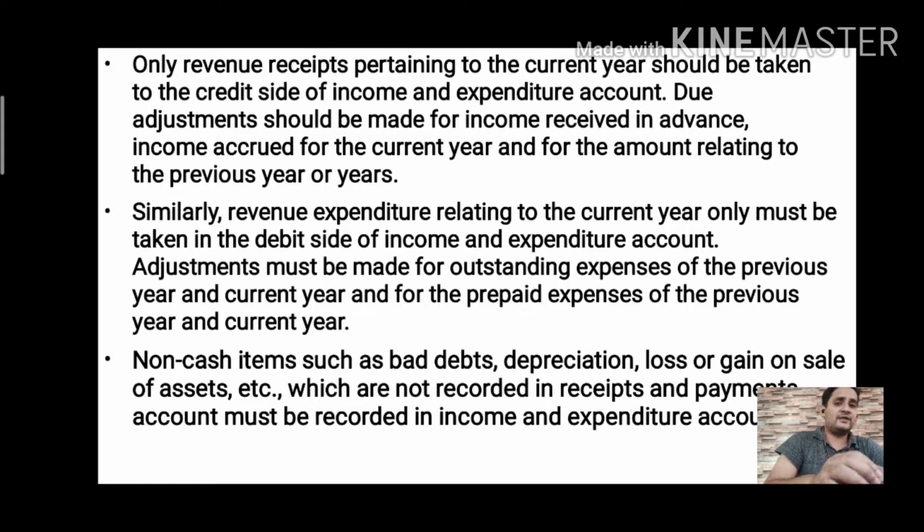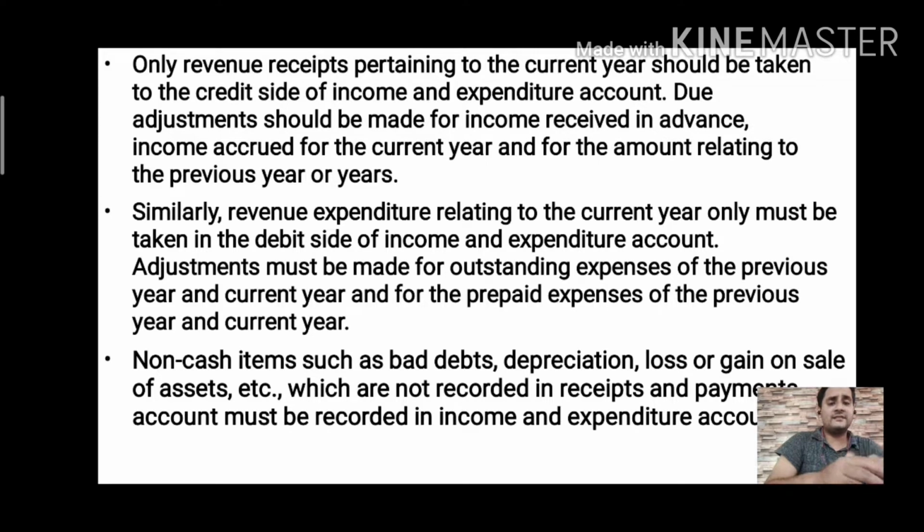Very important, you have to remember that while preparing income and expenditure account, you have to record only revenue items, revenue receipts or revenue payments, revenue income or revenue expenditures. Only those items which are revenue in nature are recorded while preparing income and expenditure account.